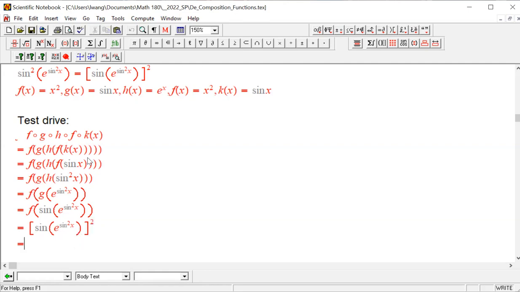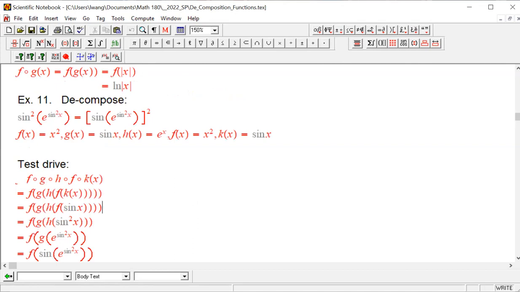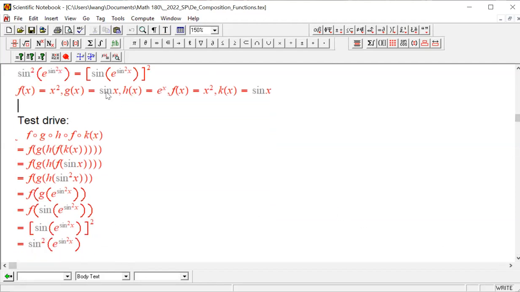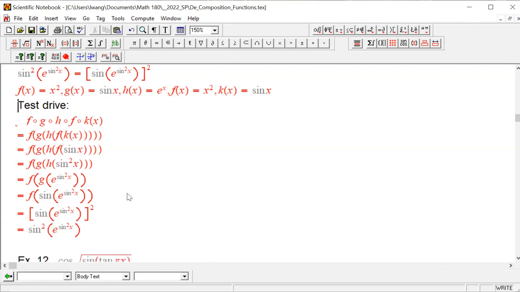So that squared is going to be written right there. That's it. Did we go back to where we were? Yeah, that's exactly what we were given, right? So that's the decomposition.